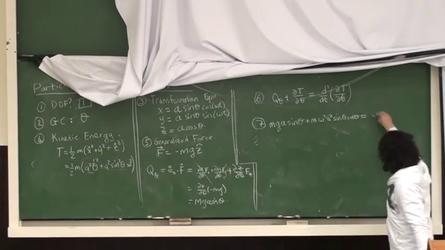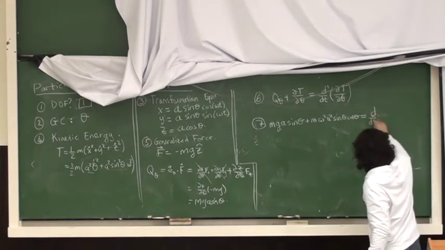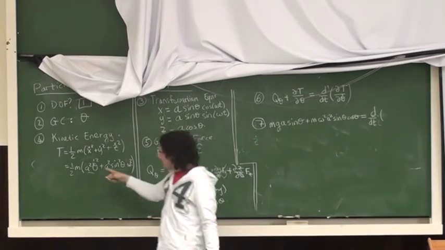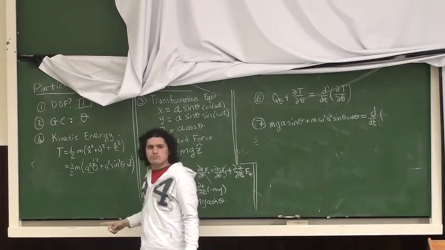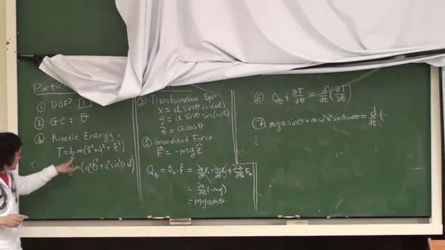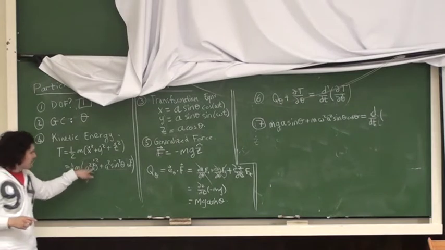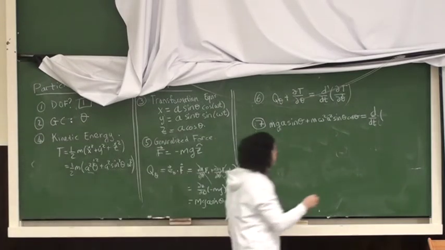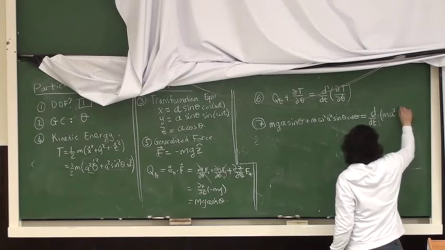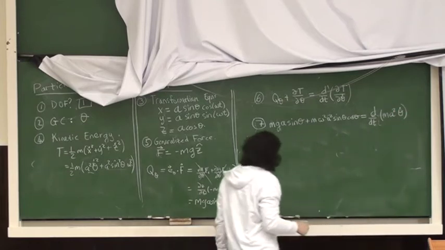Alright, what about, we don't skip steps, what about theta dot? Is there theta dot dependence in T? Yes. There it is. When we differentiate, what do we get? The 2 comes down, m a squared theta dot. Right.